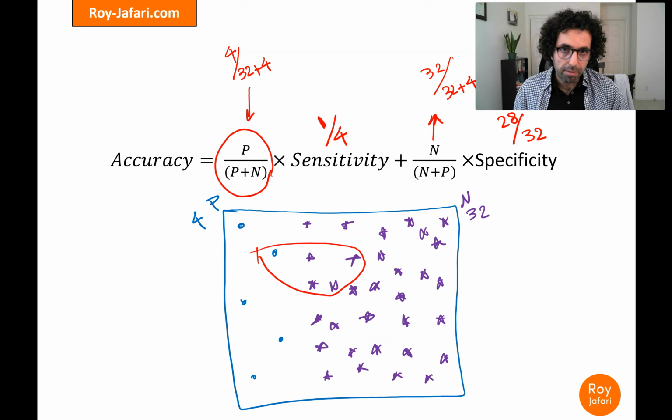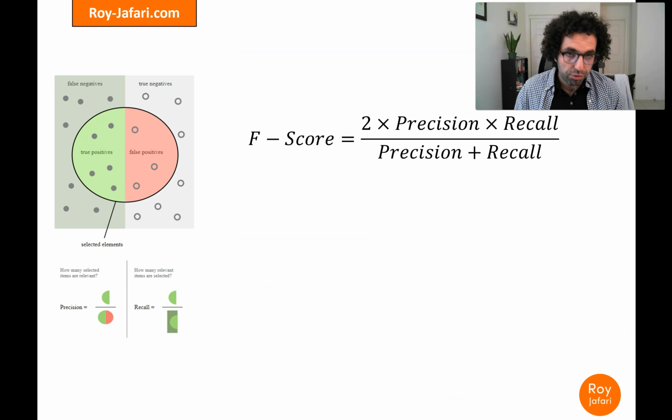So what do we do? One thing is you want to use more specific metrics such as specificity, sensitivity, or recall, or use F-score, right? F-score is the combination of precision and recall.